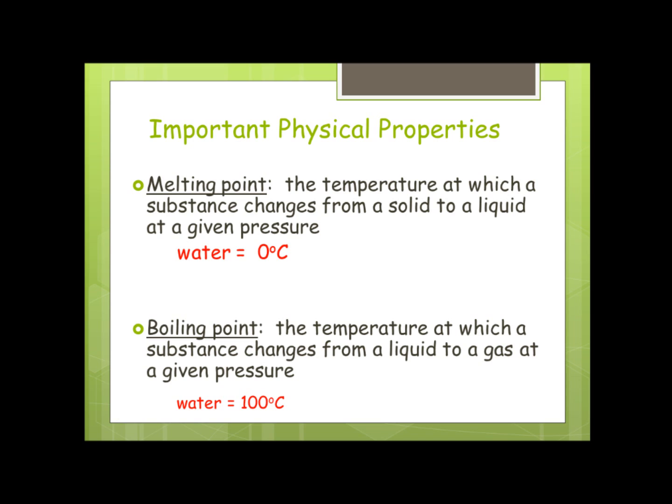So you know that when you put the water on the stove, it doesn't start boiling right away unless you've had the stove turned on for a while. All right? If you turn the stove on, it's not going to start bubbling right away. It has to warm up to a certain temperature.